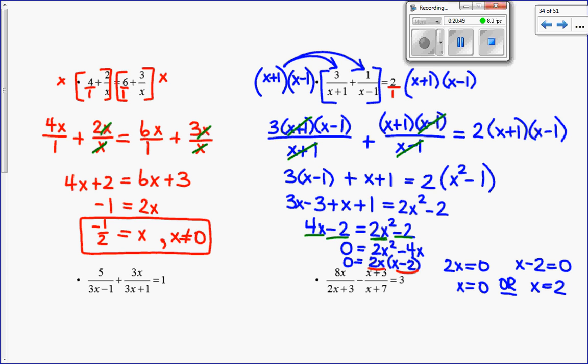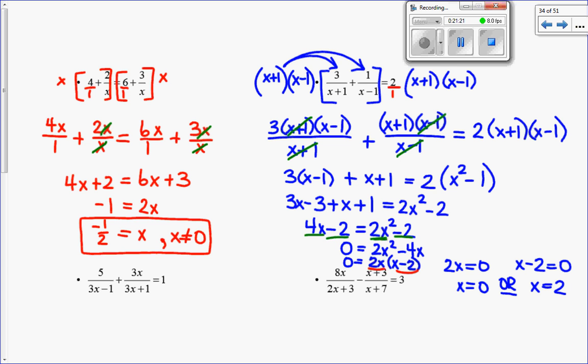Well, the way that I can figure out what my answer is, or could be, is that I have to go back to my original equation and make sure that I've accounted for what my non-permissible values of x are. Because if I find out that x can't be equal to 0 or 2, then I'll know that one of these two solutions is extraneous. That means it doesn't make this equation possible, or is not a real solution, and so I would count that solution out.